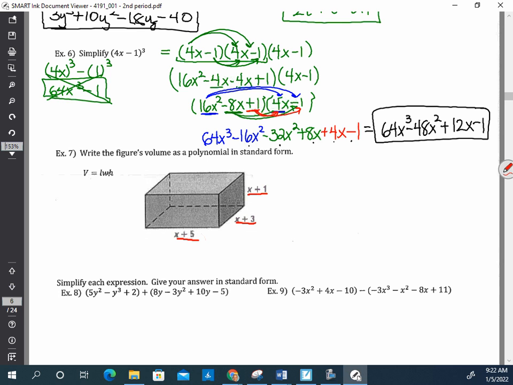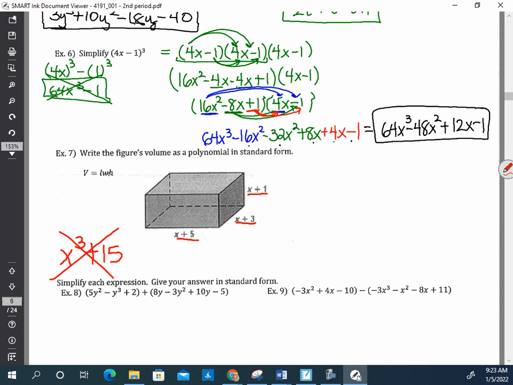So again, let me show you the wrong way that this is done. This is how most people get it wrong. Oh, x times x times x is x to the third. 5 times 3 times 1 is 15. There's my volume. That's 100% wrong. That's the wrong way to do it.